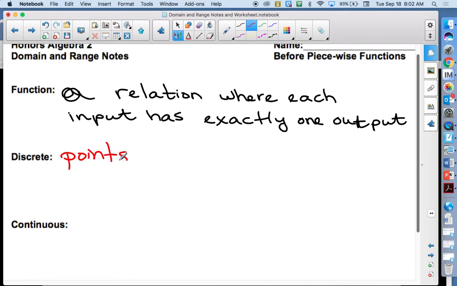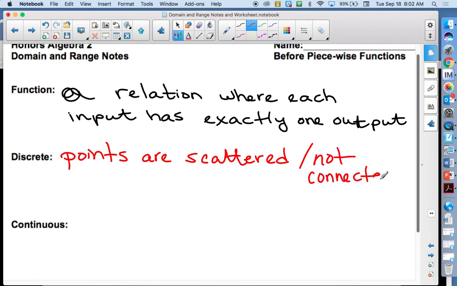So points are scattered like a scatter plot, or they're not connected. They're just points. They don't connect to make a line or a curve.